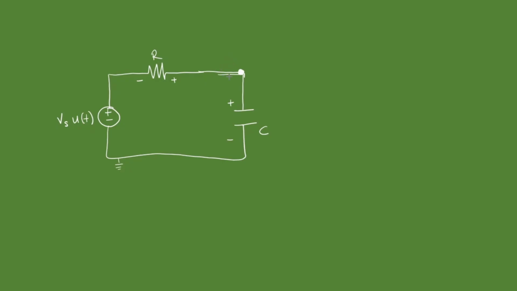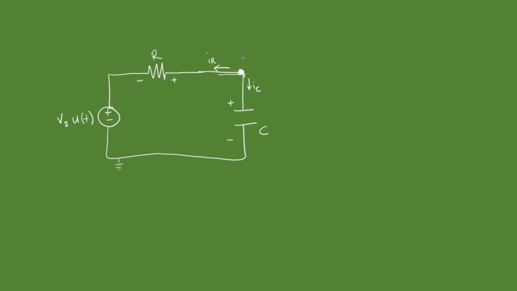By definition, we're going to have a current IR going this way, the current through the resistor R, and the current through the capacitor, IC. So this is simple nodal analysis.